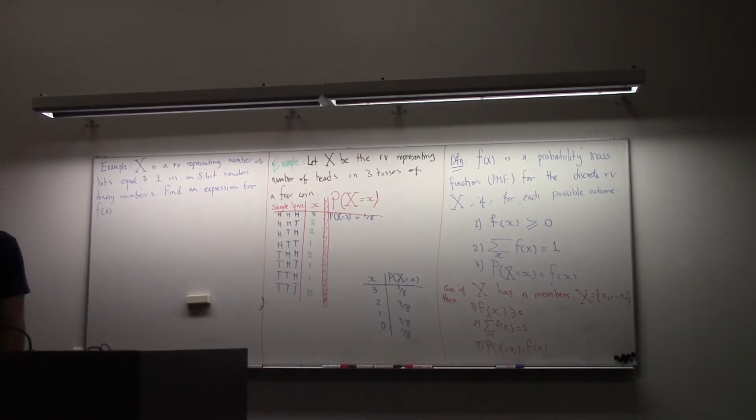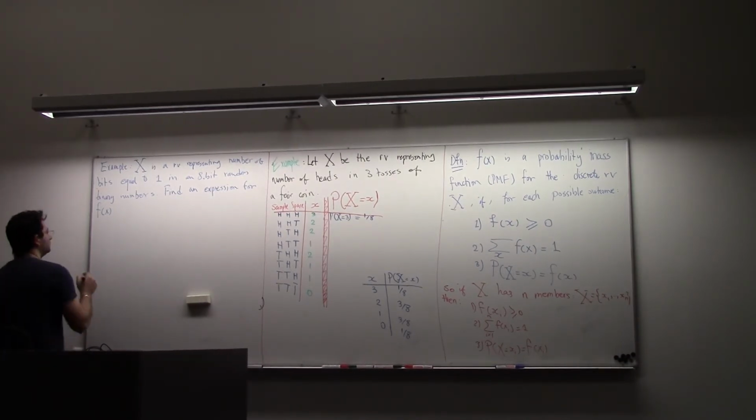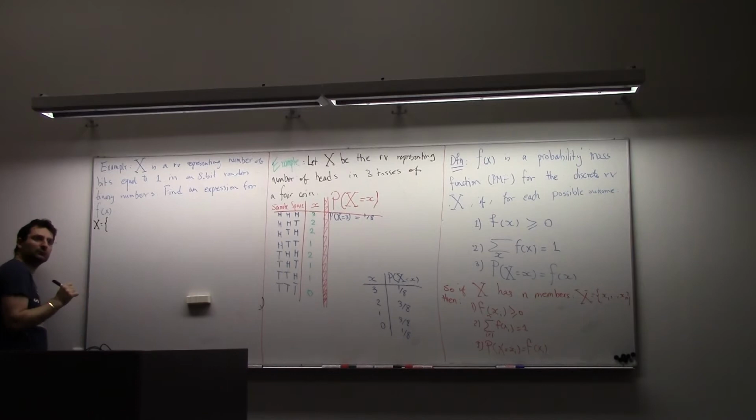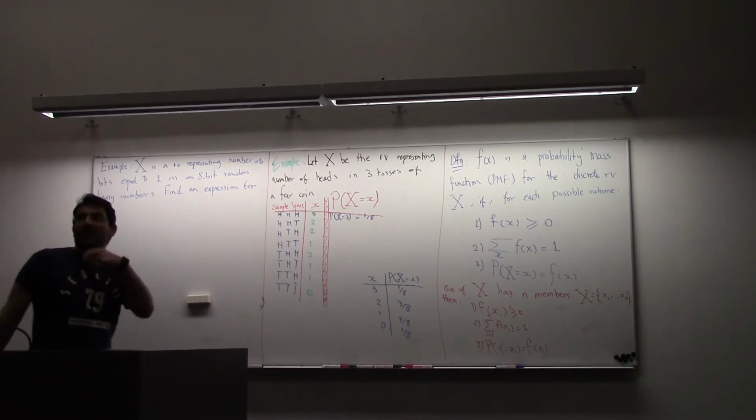Tell me, what are the possible values for X? What are the possible values for random variable X? 2 to the power 8? But what is X in English?